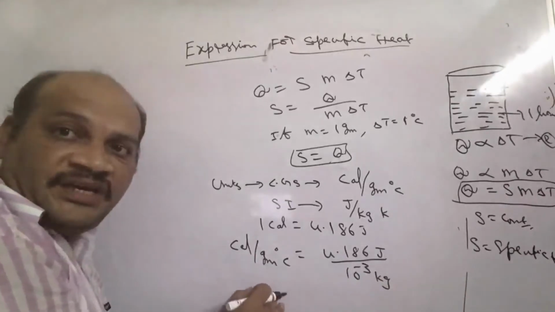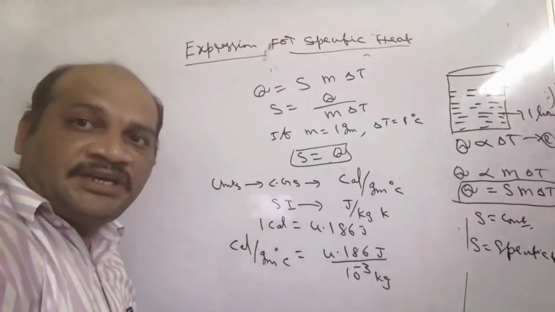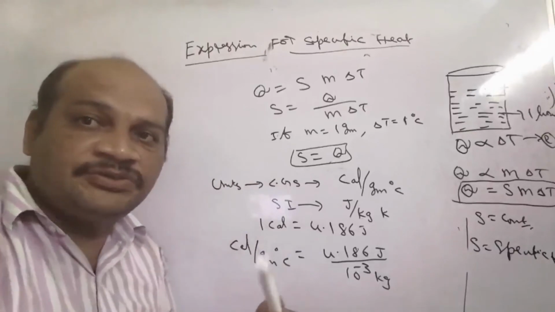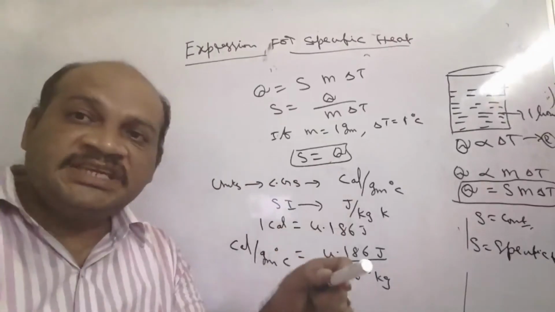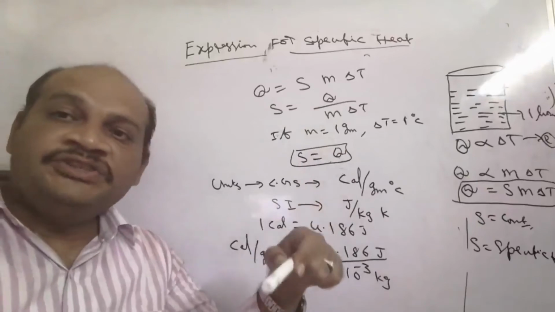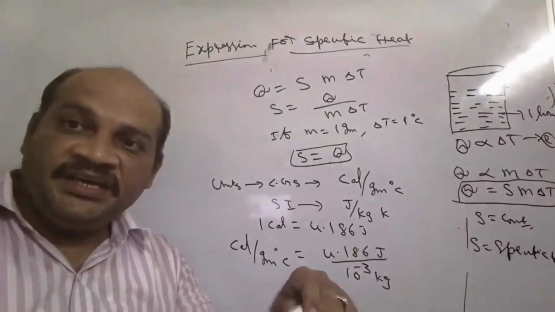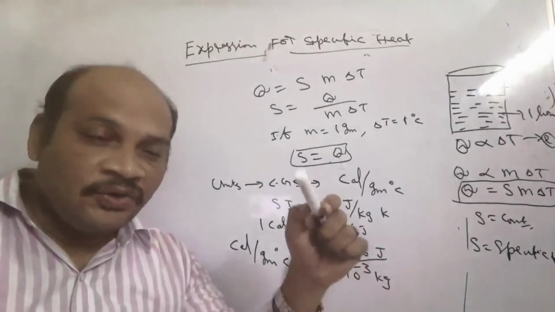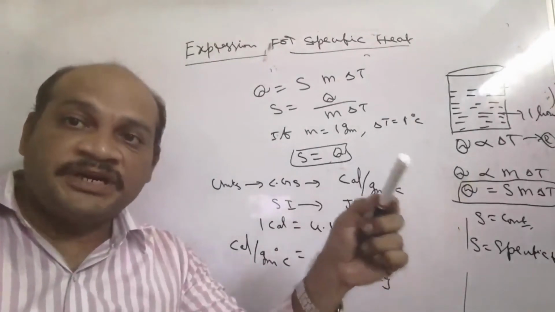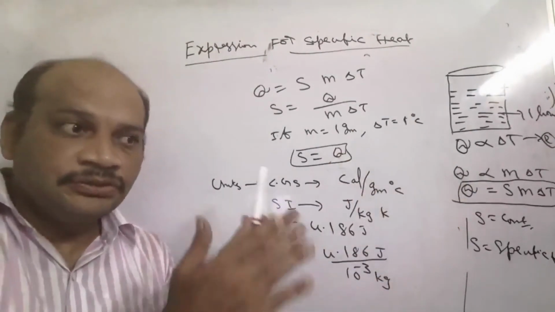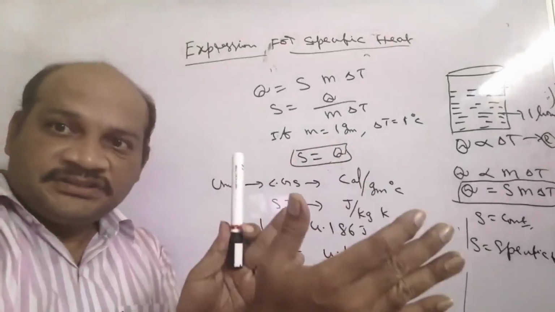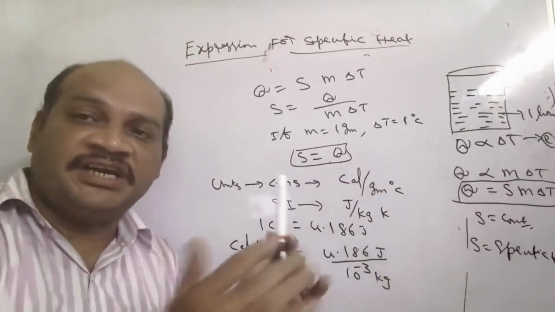In the same way, in Celsius and Kelvin thermometer calibration, you know very well, in the Celsius thermometer, between the lowest fixed point and upper fixed point we have 100 divisions. In the same way, in the Kelvin thermometer there are 100 divisions.